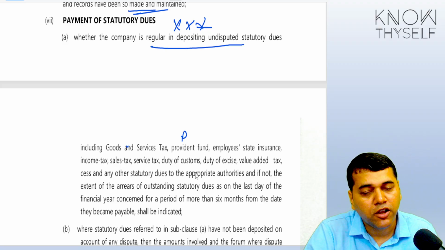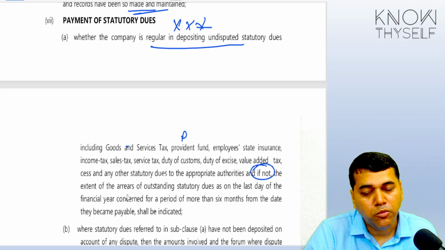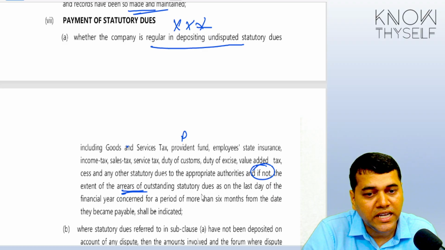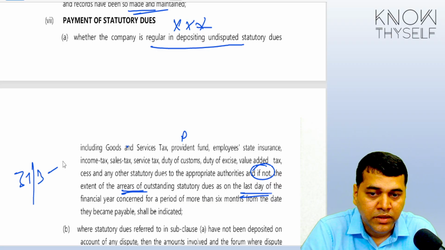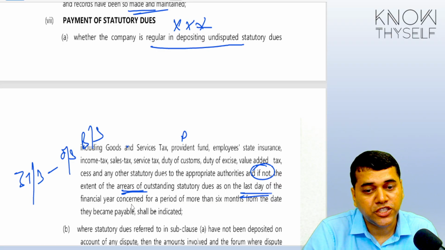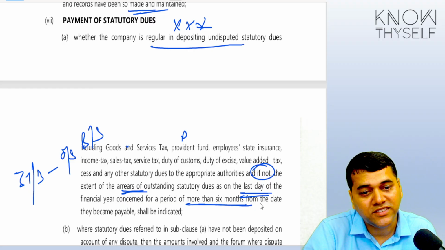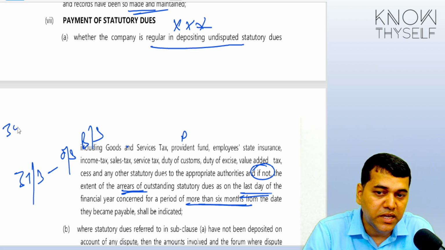Have you deposited all these things within the due date? If not, how much is the arrears outstanding as on the last day? That means 31st March, this should be outstanding in the balance sheet, which is due for a period of more than 6 months from the date it became payable. So that 6 months payable becomes 30th September is the last date.